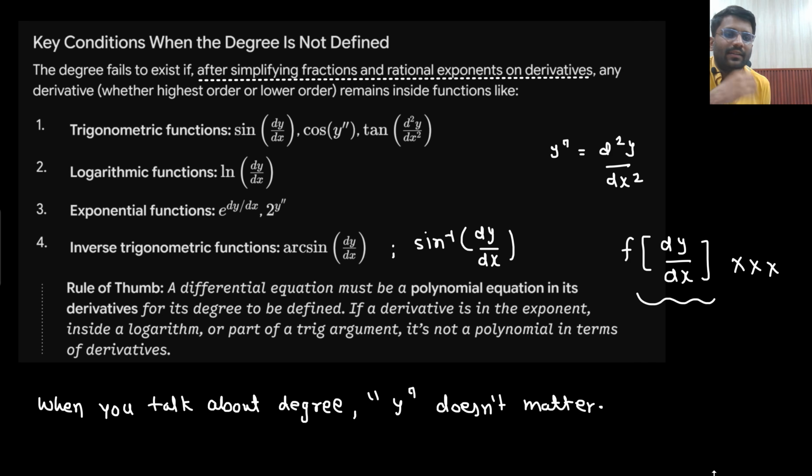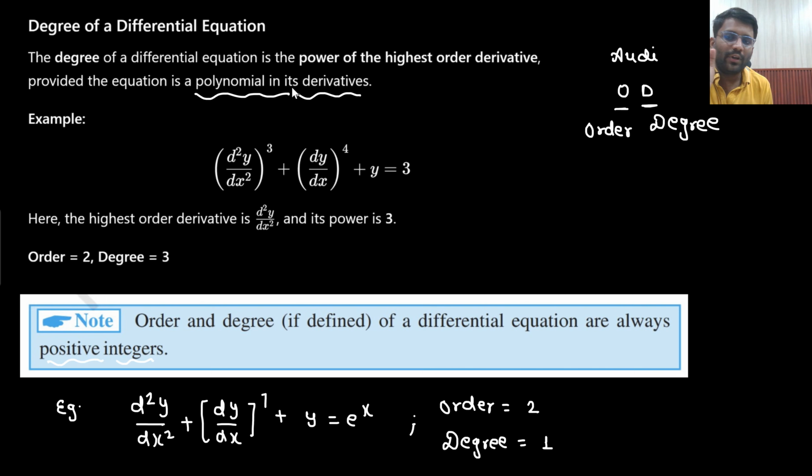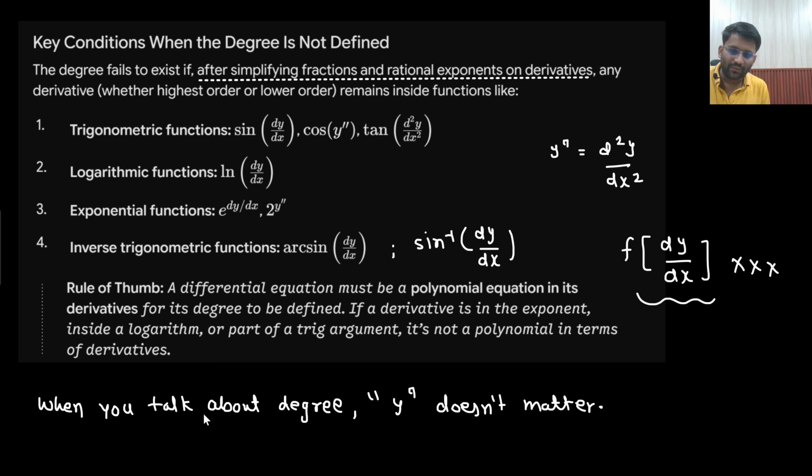Did I say like that? What is written? Highest order or lower order? Here what was written? Polynomial in its derivatives. Here what is written? When you talk about degree, y does not matter. Whatever is happening with y, I don't care about it. When I talk about degree, whether y is in ln, in sin y, in cos y, in e to the power y, I don't care about it.